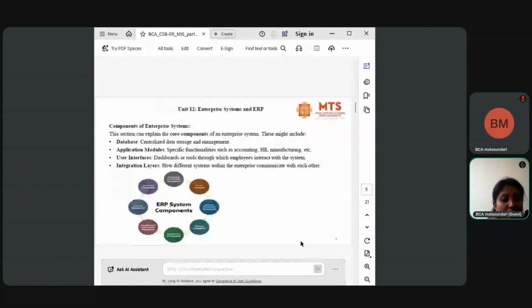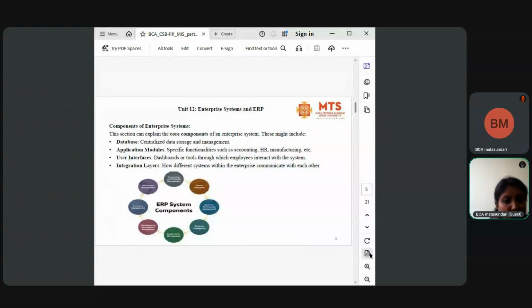Okay, so go to the next slide, that is the components of an enterprise system. This section explains the core components of an enterprise system. This might include a database, that is centralized data storage and management, and application modules, that is specific functionalities such as accounting, manufacturing, etc., and user interfaces.